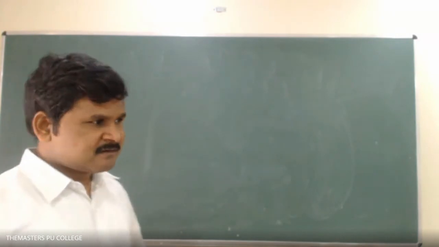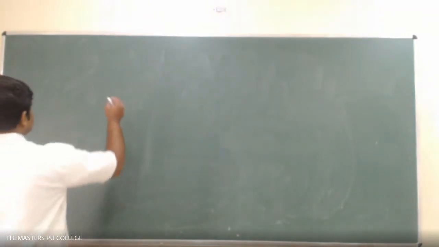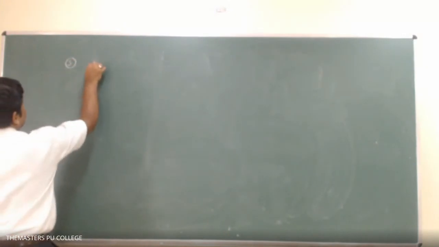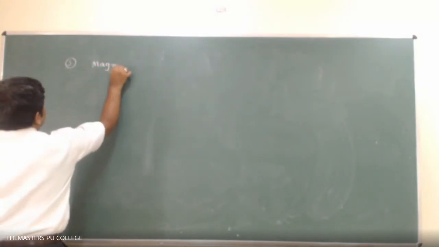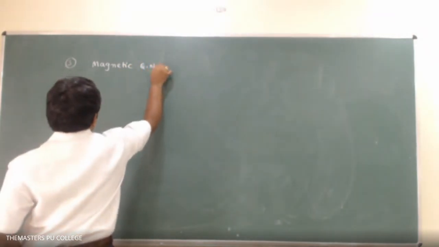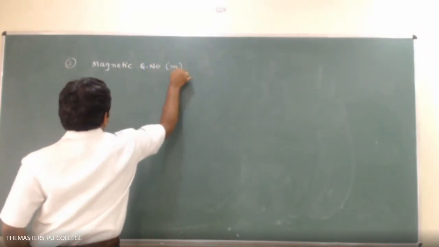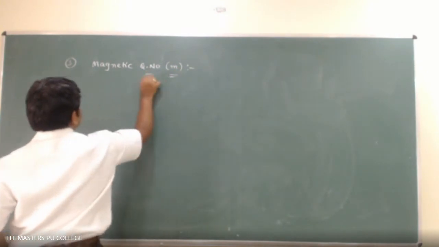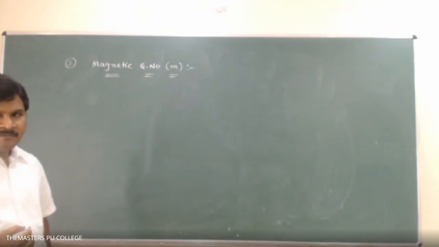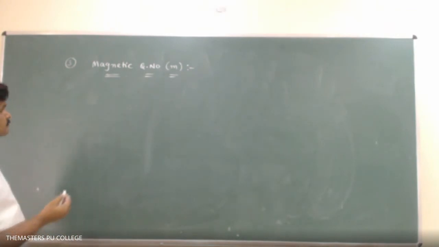Next, what is another quantum number? Magnetic quantum number, m.